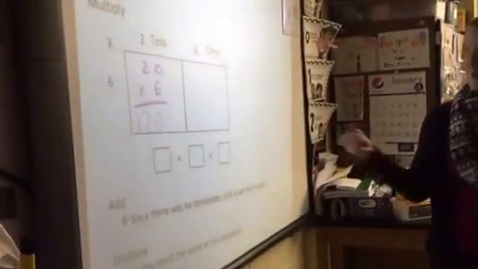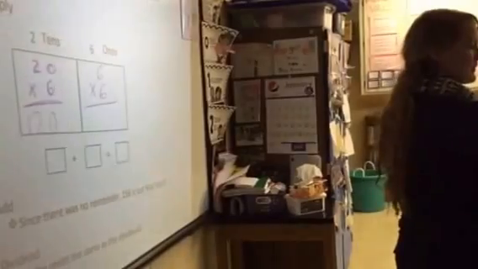Awesome. Okay, so then we're going to do the next box. So we have 6 times 6. And you guys should know this from our division. You want to come and write it up?